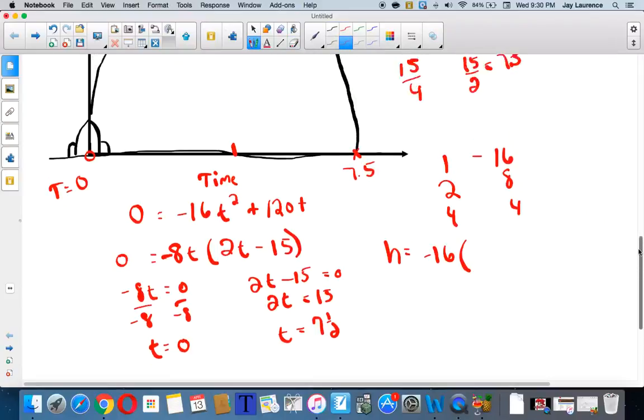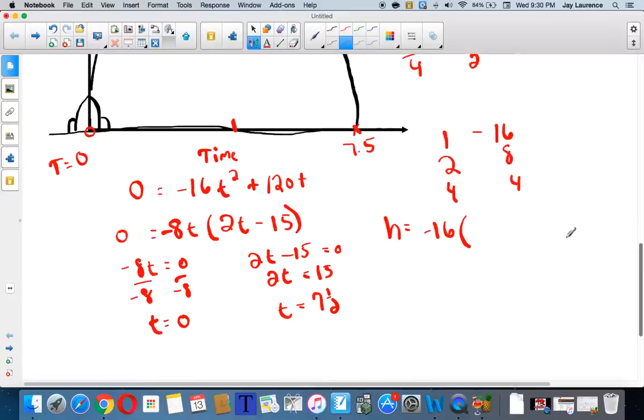What was it? 15/4? Yeah, you'll see why in a second. 15/4, and I'm going to square it, plus 120 times 15/4. Okay, so when I do this, I'll have a 16/1.